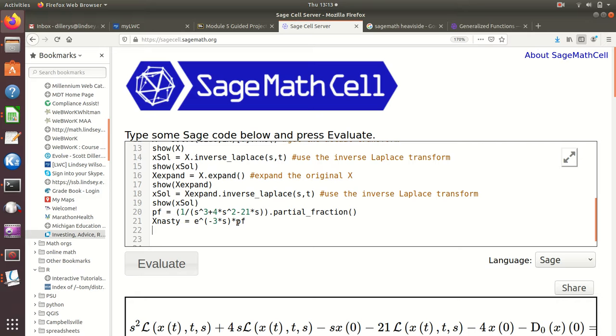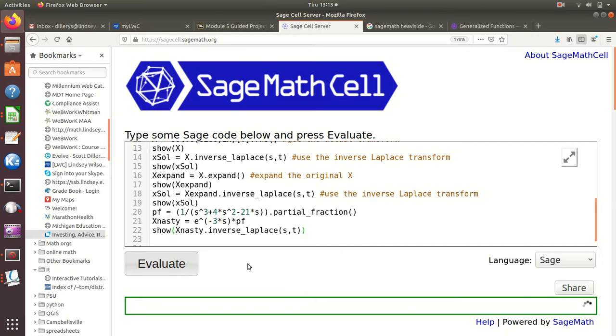So I did that, and now I'm just going to say show the inverse Laplace transform of this x_nasty part, dot inverse_laplace_transform. So I'll go up here, copy that, put it there, and evaluate that part.